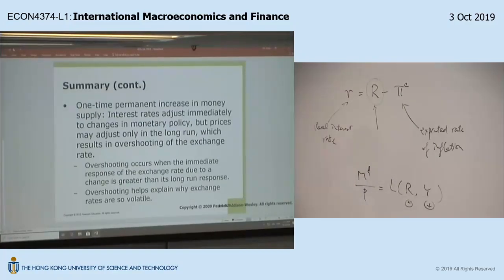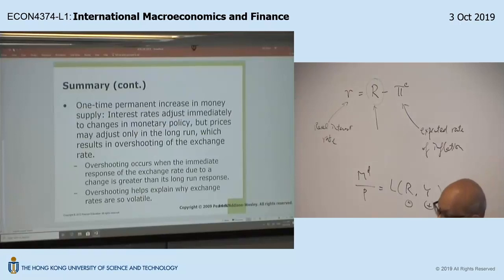In our setting, so far, we have been just talking about a one-time change in money supply. If it's a one-time permanent increase in money supply, after that change the money supply just stays there forever. So since it stays there forever, there's no money growth.